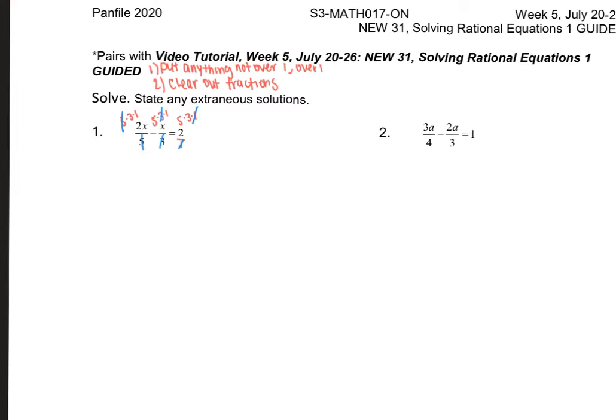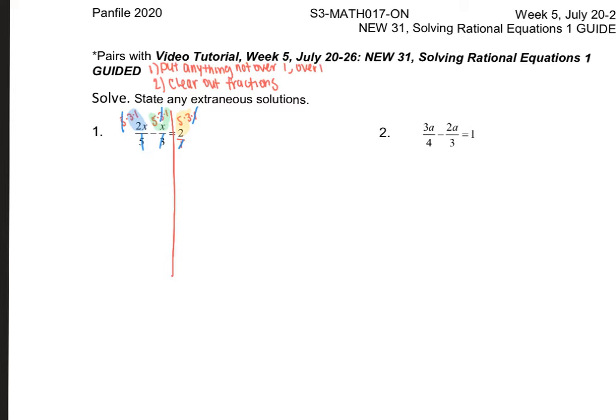Now, what does that leave you with? Here it leaves you with this. Here it leaves you with this. And here it leaves you with this. So let's kind of figure that out. I'm just going to make an equal sign so I kind of know where it is because it's a little messy.